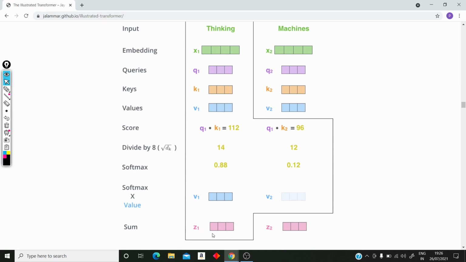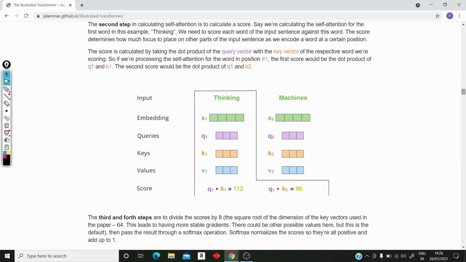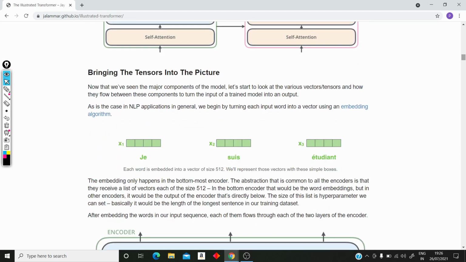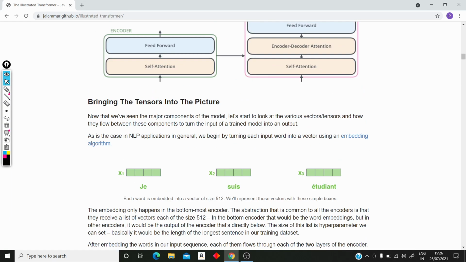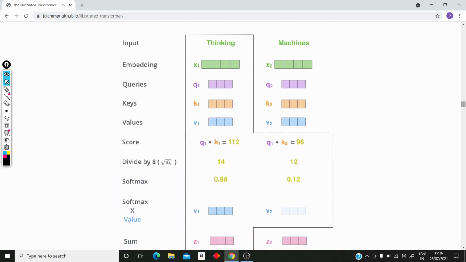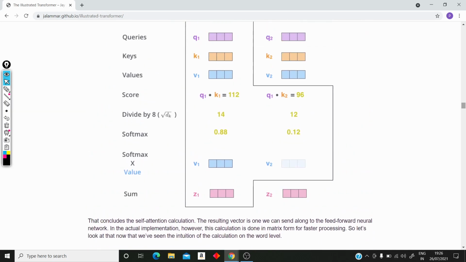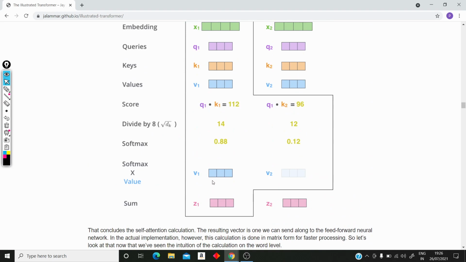And at the end, what we are getting is z1. As I showed you from the starting, what we need at the output is z1, z2, z3, and z1 is now here, the sum. So we just have v1 and z1 is this thing, correct? And similarly we can get z2.